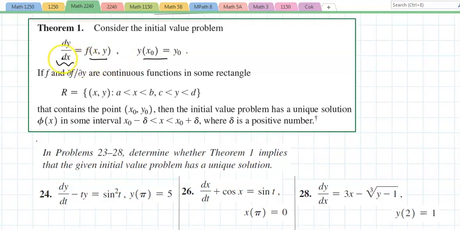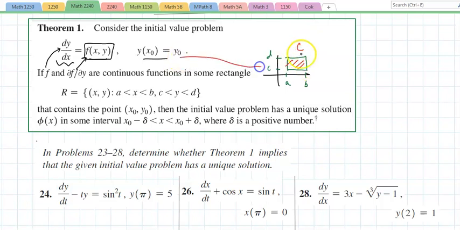So if I let dy dx equal this function f, and the partial of this f with respect to y, if both of those are continuous on some rectangle that contains that point right there.